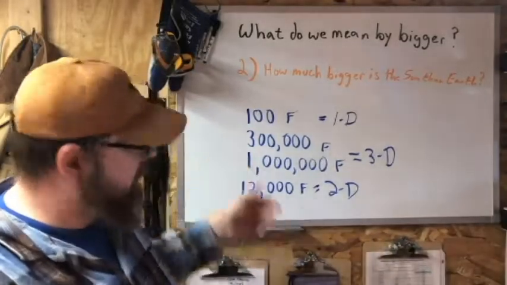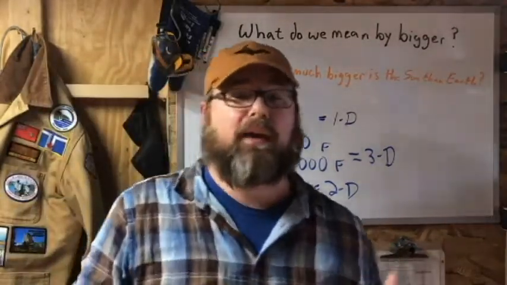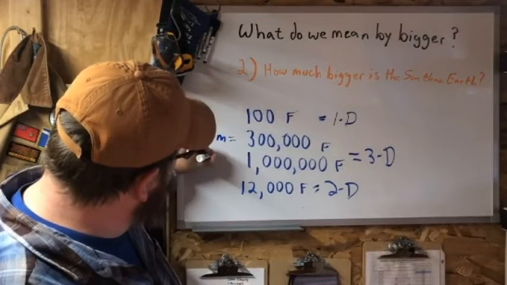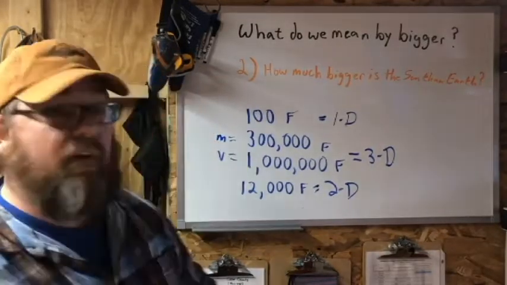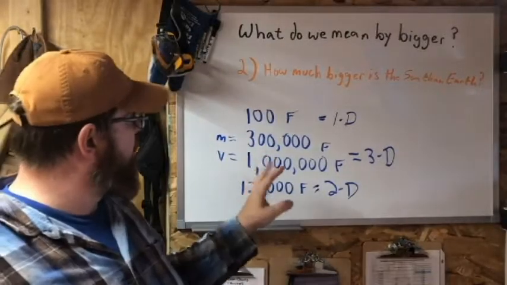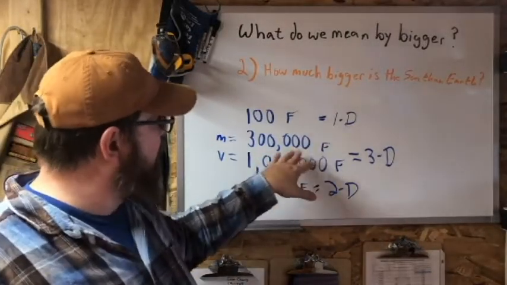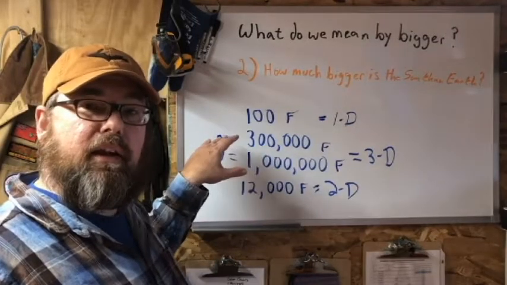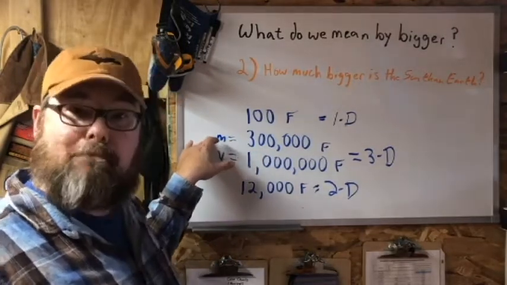What are these? These are our 3Ds, okay? This one is mass, and this one is volume. So if someone says the sun is 300,000 times bigger than the earth, they are talking about mass.